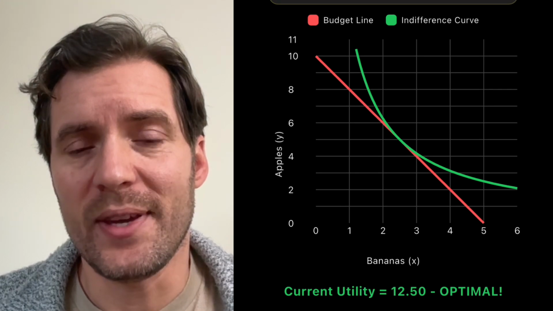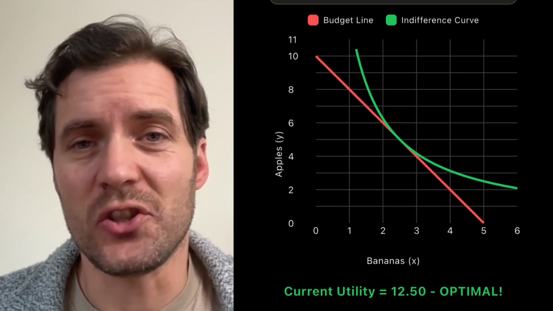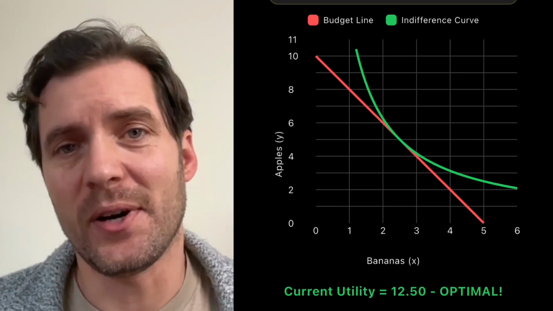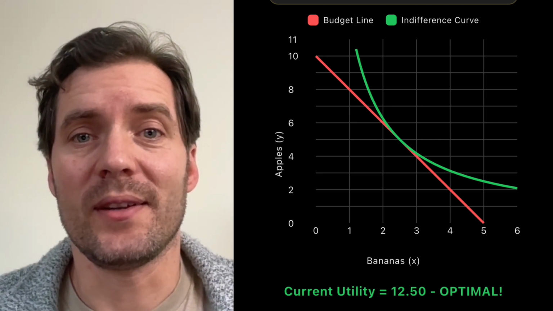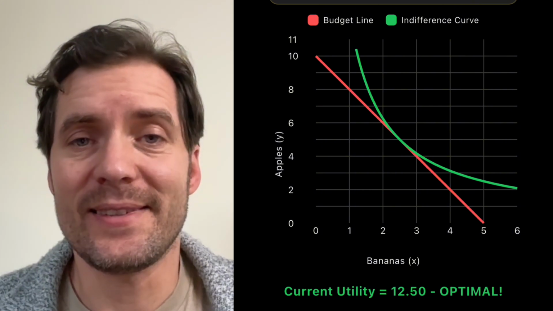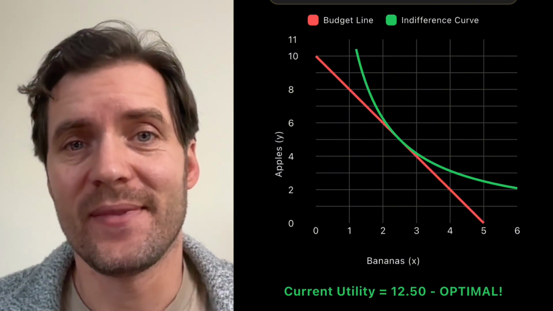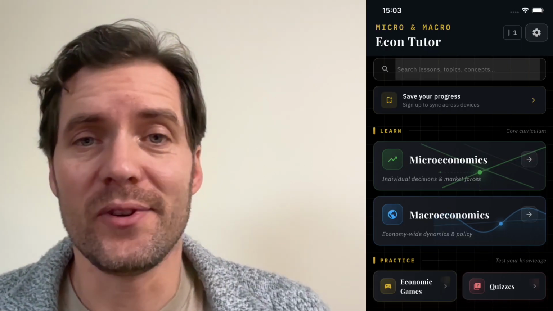And you can see that when we get to the point where our indifference curve is just tangent, just touching the budget line, that's going to be the optimal consumption point, right? That's where we can be at the highest level of happiness and still afford it. And that is how we do consumer theory.